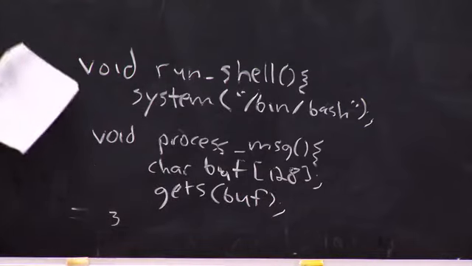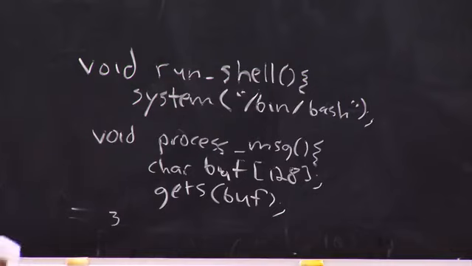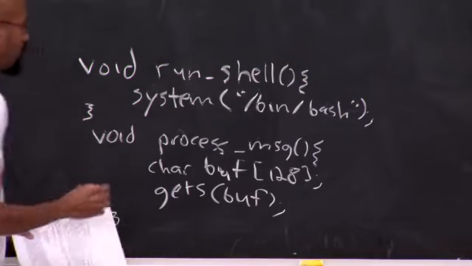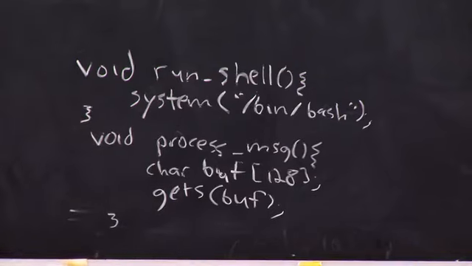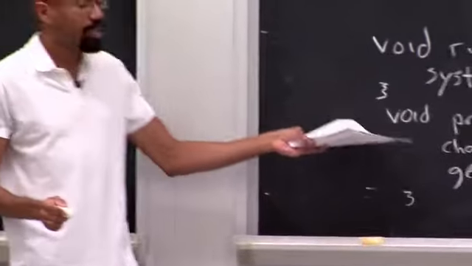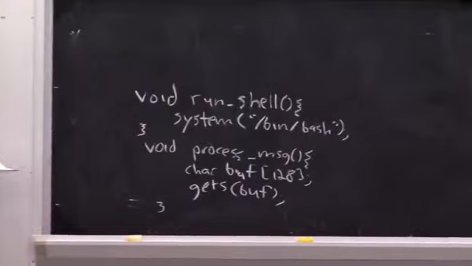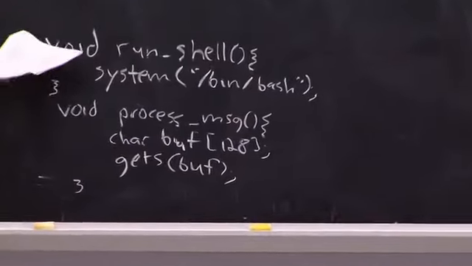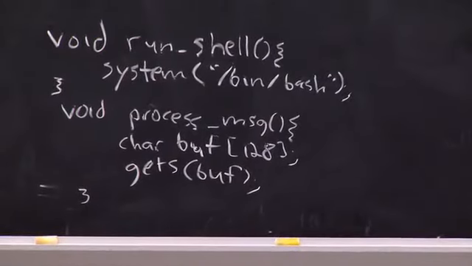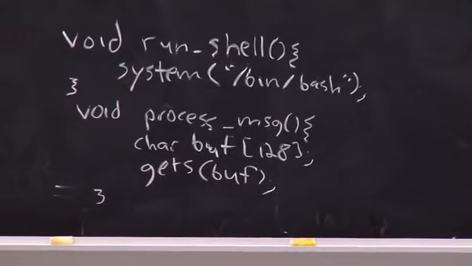Now, what's interesting is that we have this function up here, run shell, but it doesn't seem to be accessed in some direct way based on this buffer overflow. So how can the attacker invoke this run shell command here? Well, the attacker can do a couple things.